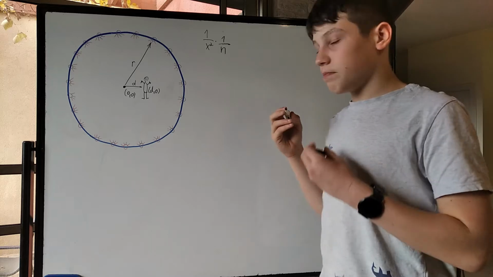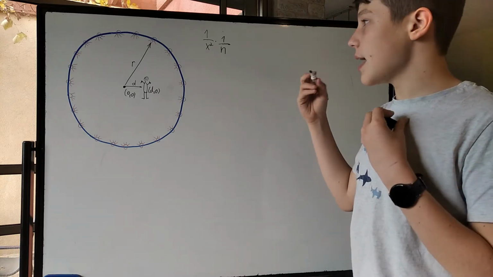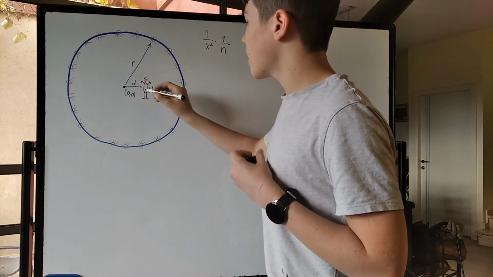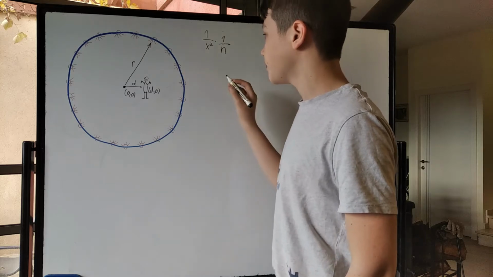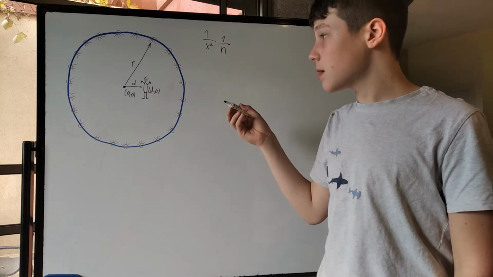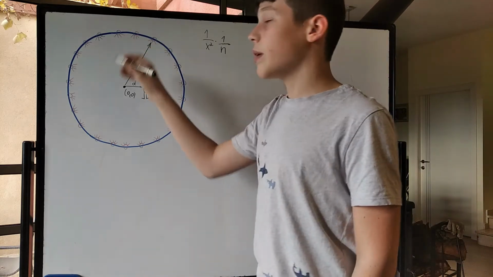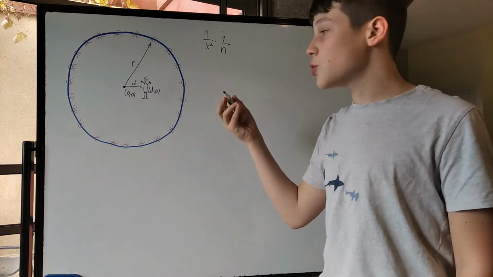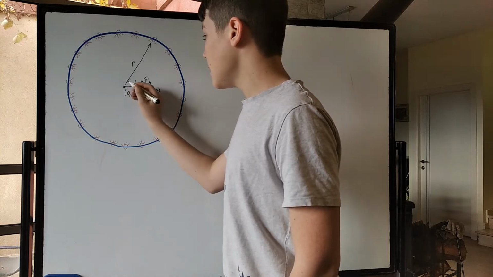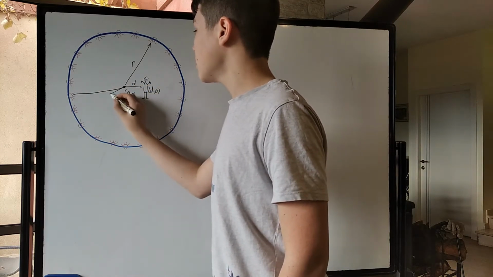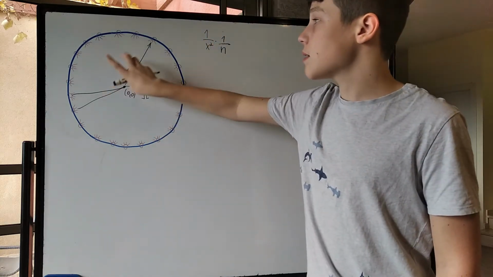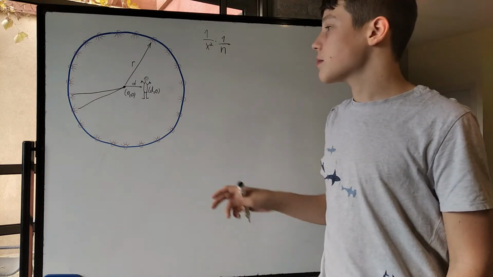So I'm gonna look at the kth light bulb. So let's say it's this one. The angle it will make, because we have a total of n points going around the circle, they all make an angle of 2 pi. Meaning that if I pick any 2 points, so let's say this angle will have to be 2 pi over n, because symmetrically it's all the same around the circle.